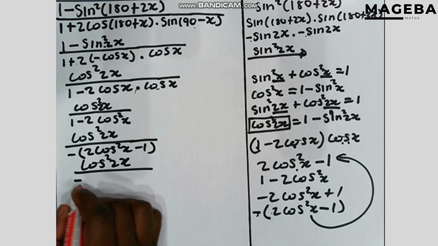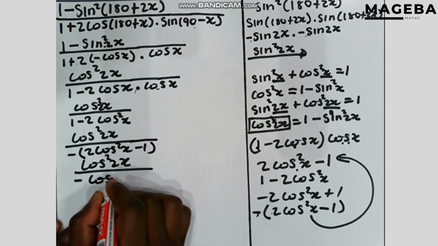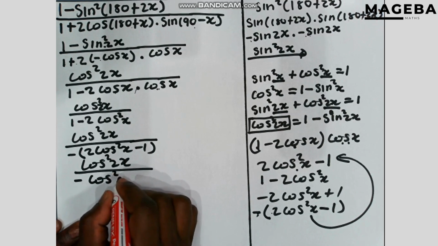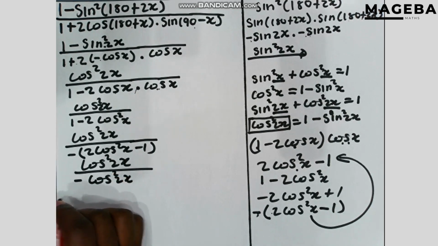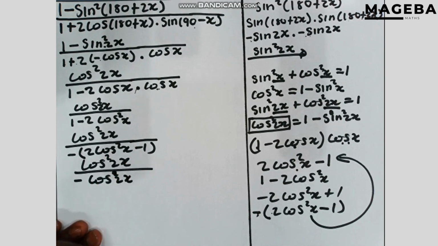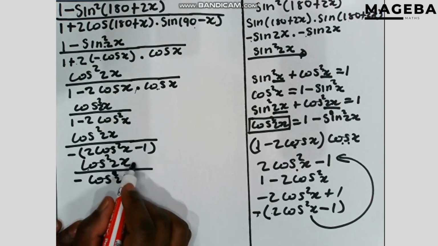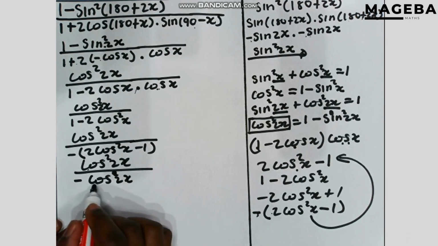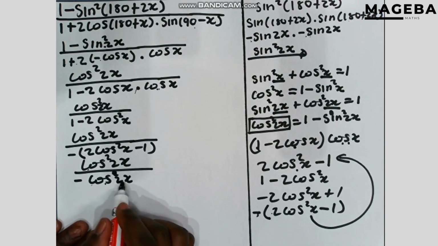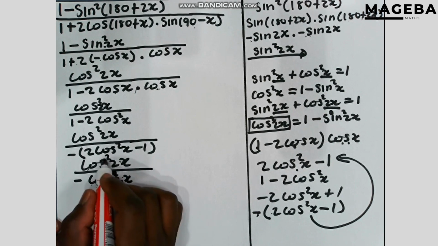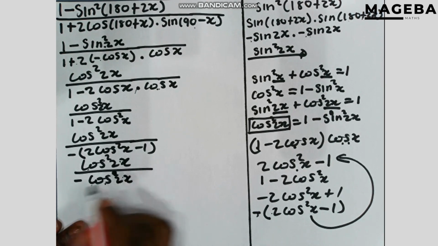Of cos. What is the double angle of cos? It's just cos 2x, not squared, just cos 2x. This is cos squared 2x. This is just cos 2x. This is one and the same thing, just that this one is squared and this one is not squared.